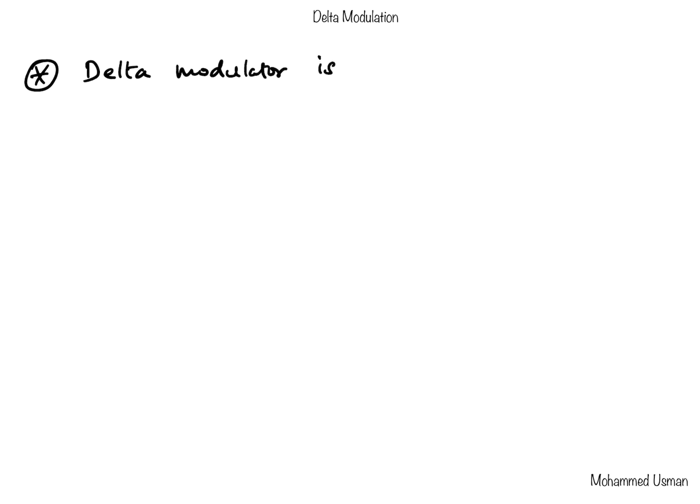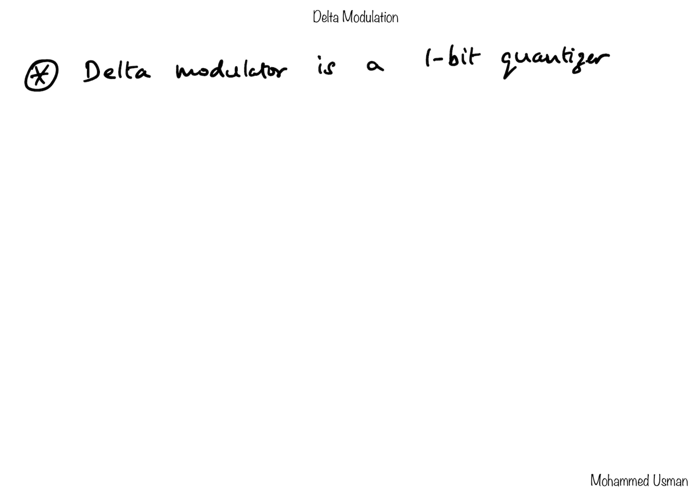Delta modulator is a one-bit quantizer. That means it outputs only a single bit, which is either a 1 or a 0. So what that means is, unlike in DPCM, where one sample and the next successive sample can jump from the highest quantization level to the lowest quantization level or vice versa, in delta modulation, the jump has to take place one step at a time.